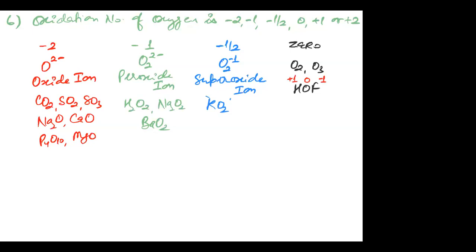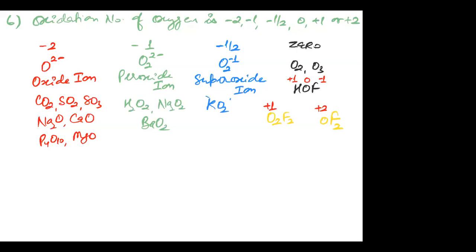Oxygen can have a positive oxidation number only with fluorine, as only fluorine is more electronegative than oxygen. So in O2F2, oxygen is +1, and in OF2, oxygen is +2. So the oxidation number of oxygen can be +1 or +2 also.